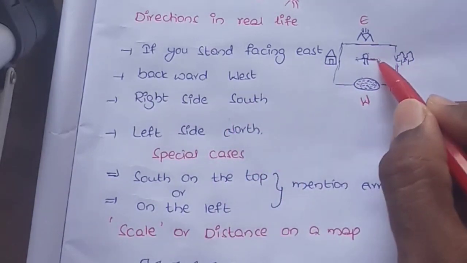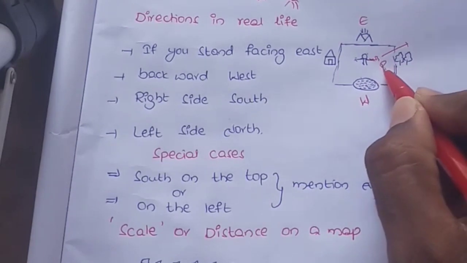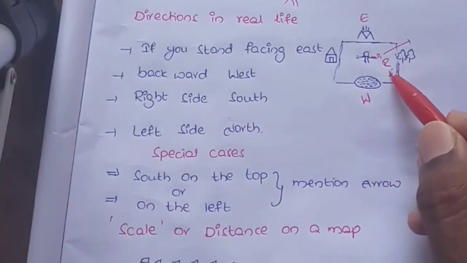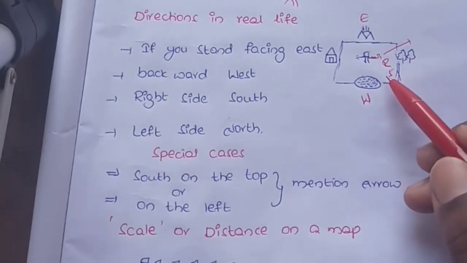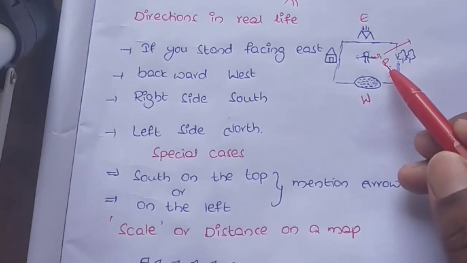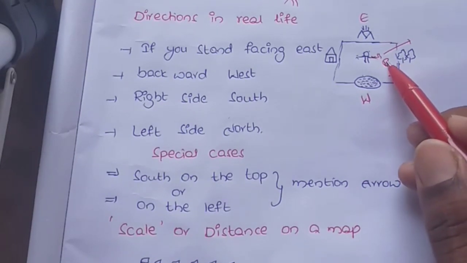The right hand is nothing but south. To understand easily, let us go with a catchy word. In the English alphabet, S comes after R. R is right, the right side, and S is south. So R and S.